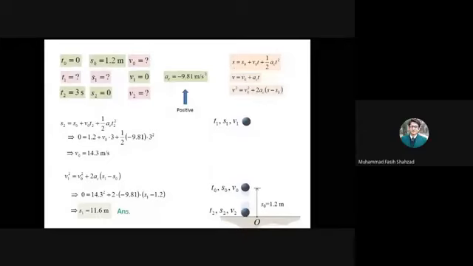In this equation, I have this S, I have this S, two terms are known. So I can apply this equation between 0 and 2.